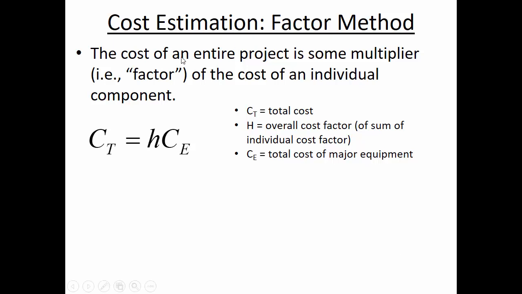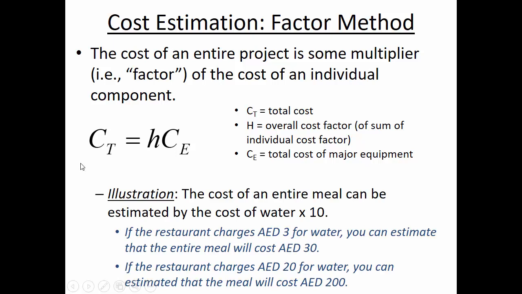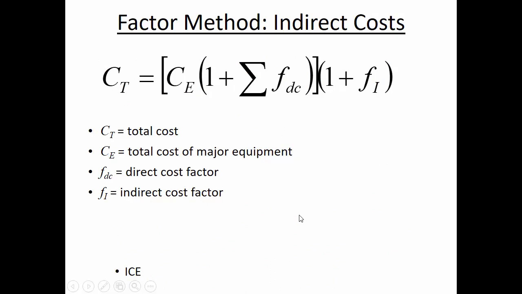The factor method says that if you know the cost of some individual component, one piece of major equipment, then with a multiplying factor, H, you can estimate the total cost from that. I've illustrated that my H factor when it came to a meal was to multiply it by 10.